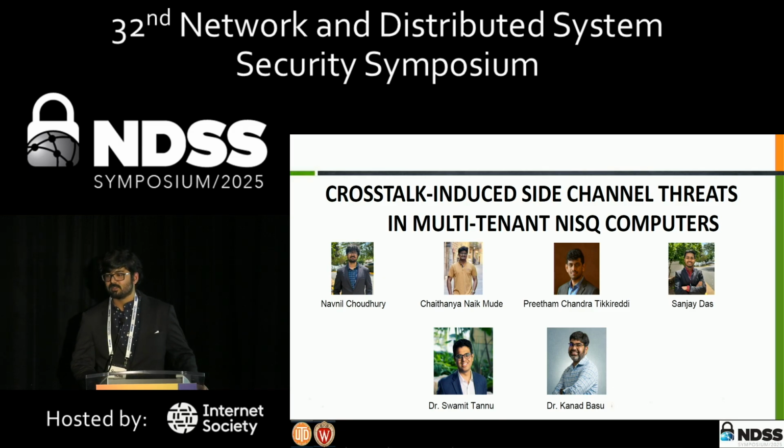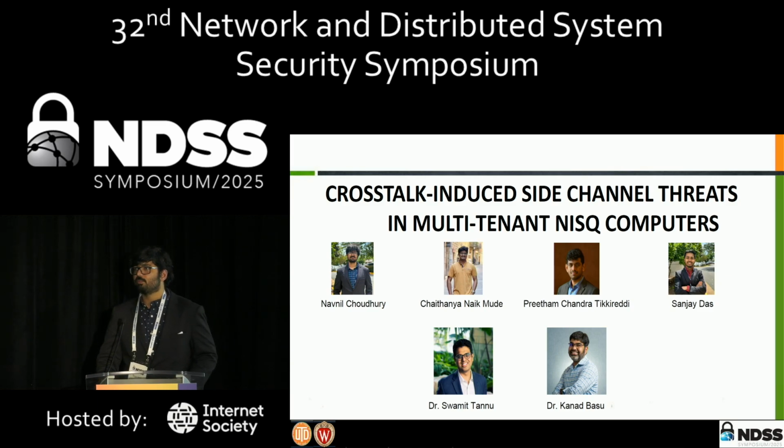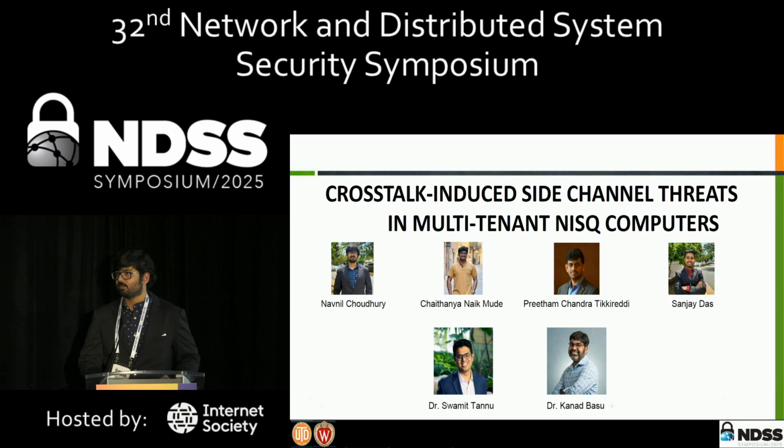Thank you for the question. So essentially, there are several potential countermeasures that could be elaborated. Some of them include things like dynamical decoupling, where you don't exactly get the schedule of the quantum operations because you include single qubit gates as padding between multiple qubit operations. But it remains to be seen if dynamical decoupling can actually prevent crosstalk, because in this case, we consider the crosstalk between two qubit gates.